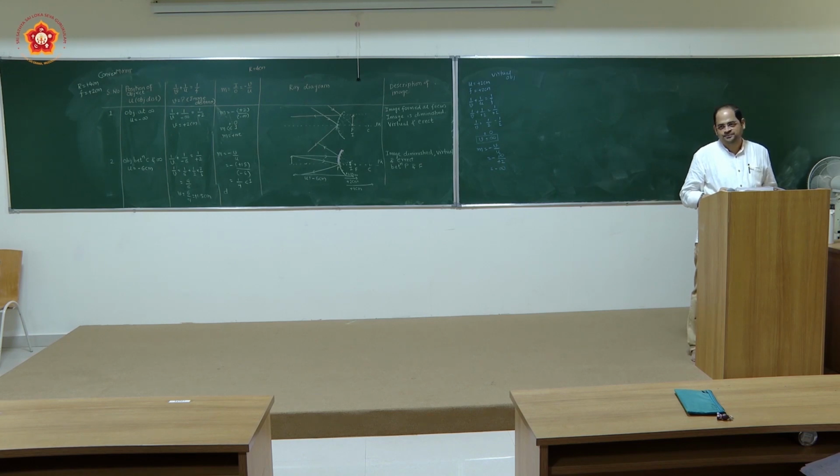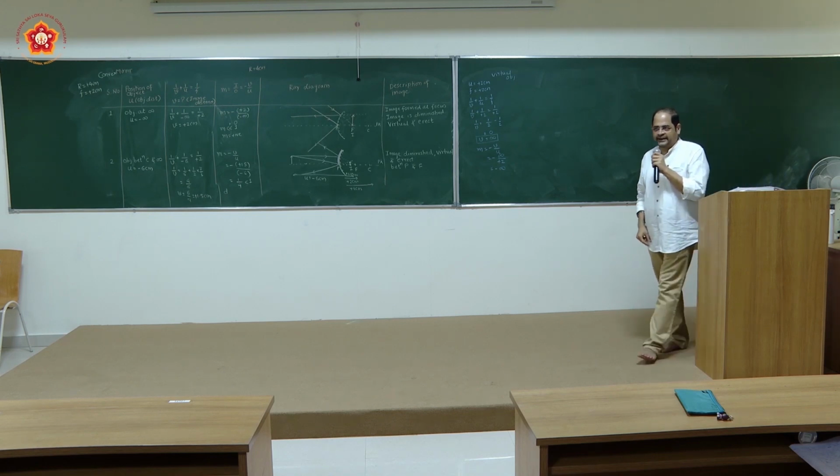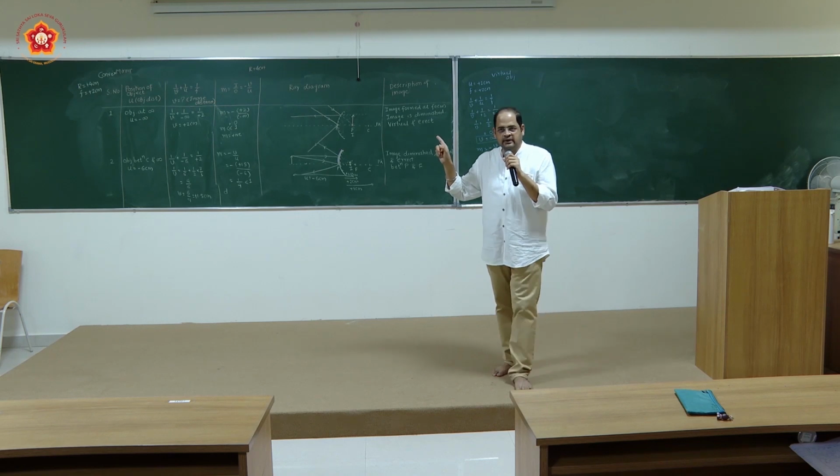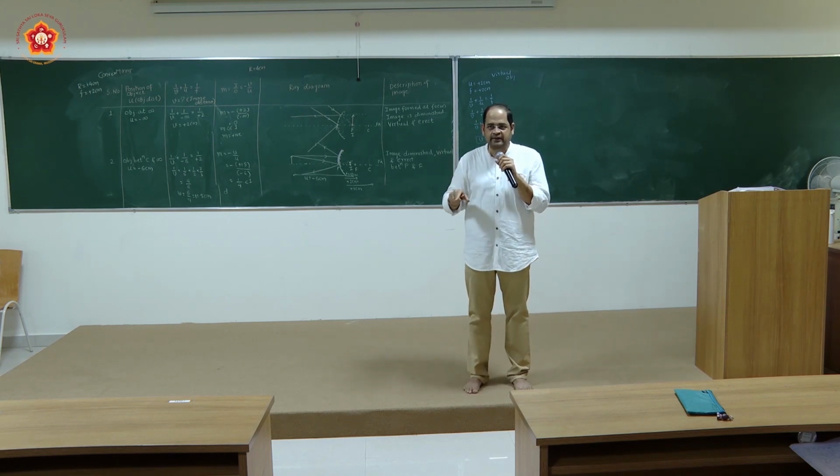Now I'll put it like this. Normally, all the rays are meeting at a particular point. If refractive index would have been playing the role, then for different colors of light, the position of formation of image would have been different.